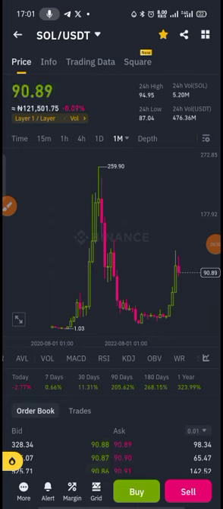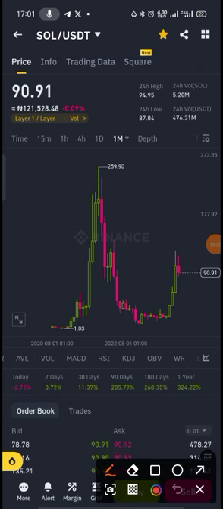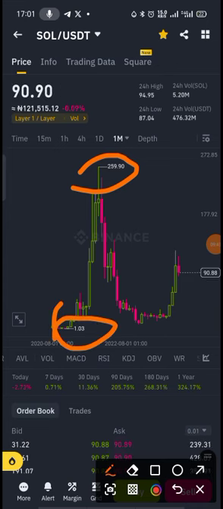The all-time high, the highest Solana has gotten, is $259, and the lowest it has gotten is $1.0, and currently it is at about $90.92 or $93. So this shows the lowest it has gone since Solana came into existence, the highest it has gone, and the current price.